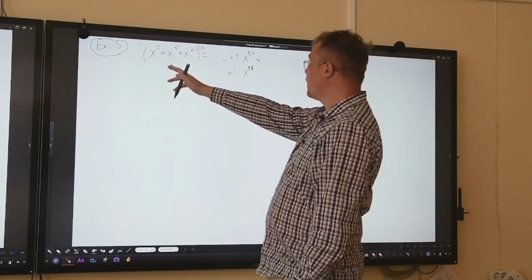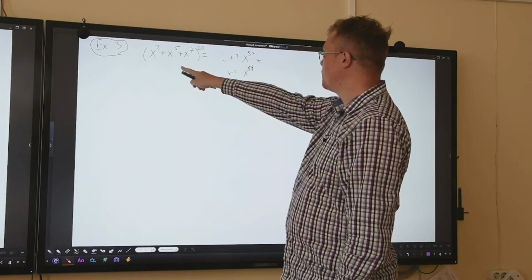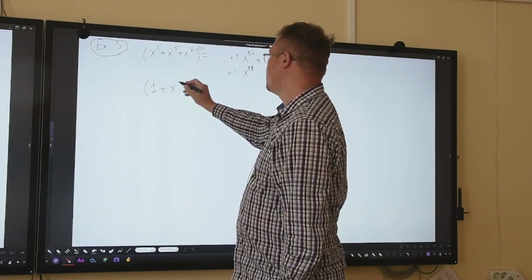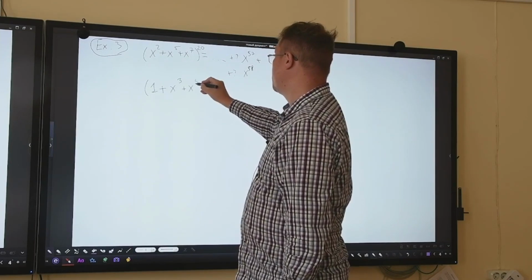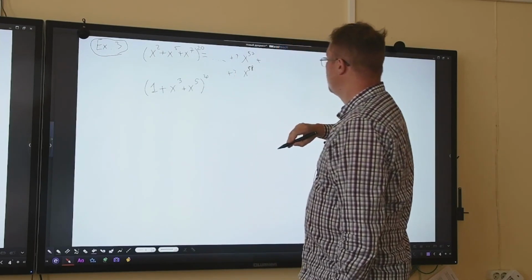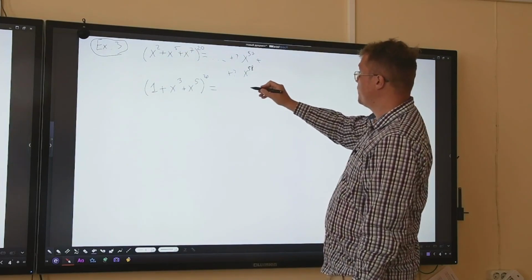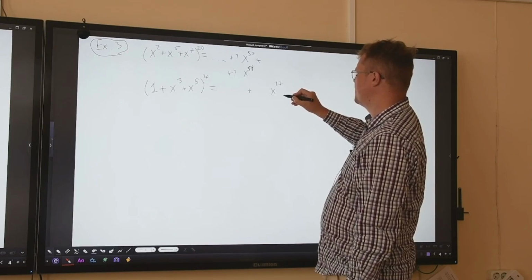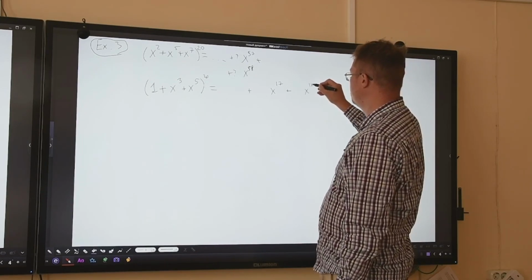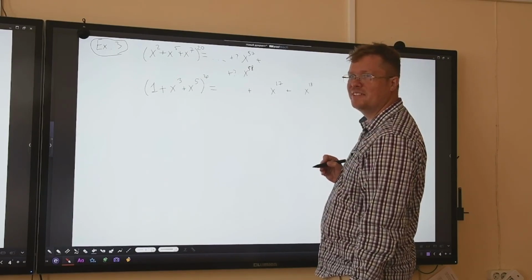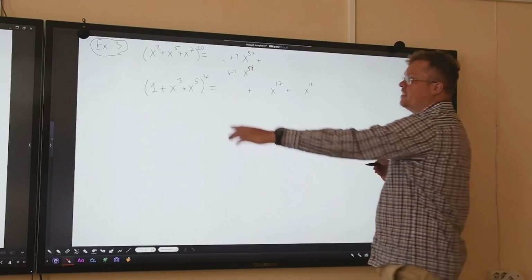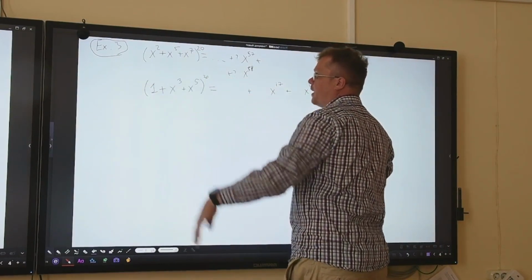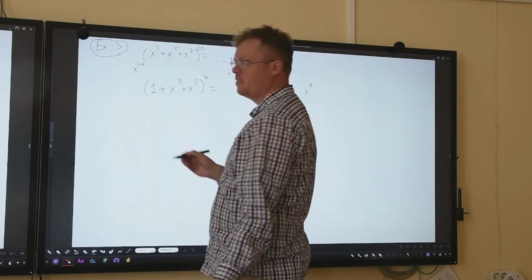First of all, we can get rid of the x squared because all these three terms are divisible by x squared, so I can write something like (1 plus x to the power 3 plus x to the power 5) to the 20, and here I need to find the coefficients for terms like x to the 17 and x to the 18, yes? Because this divided by x squared, this divided by x squared, this divided by x squared, so I can get rid of x to the power 40, yes?